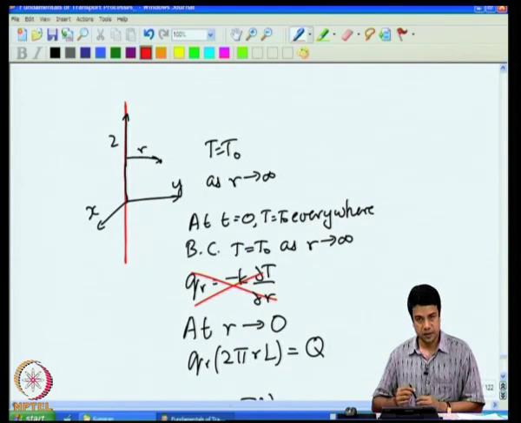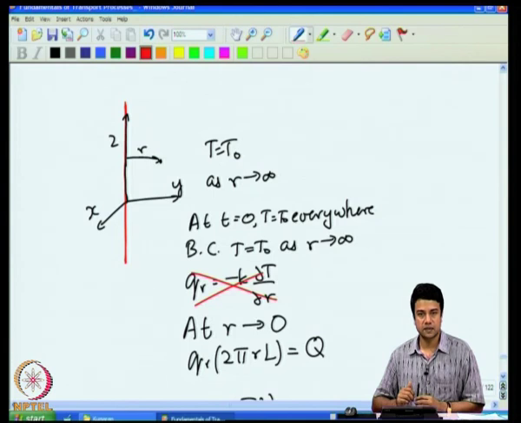However, as the radius goes to 0, if the heat flux or the temperature is fixed at the surface, or if I fix the temperature gradient at the surface, the heat flux is equal to the thermal conductivity times the temperature gradient. If the temperature is finite, the heat flux is finite, the surface area of a wire of infinitesimal thickness goes to 0 as r goes to 0.